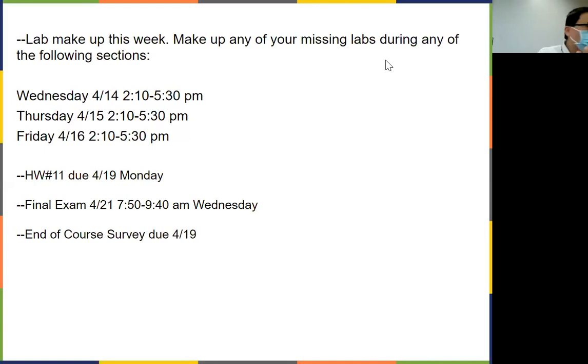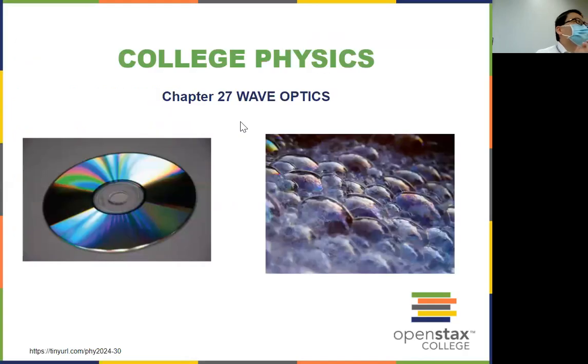All right. So for today, we'll be looking into the wave aspect of light. This is wave optics. You have probably experienced that if you look at a CD at a certain angle, you'll see color fringes.